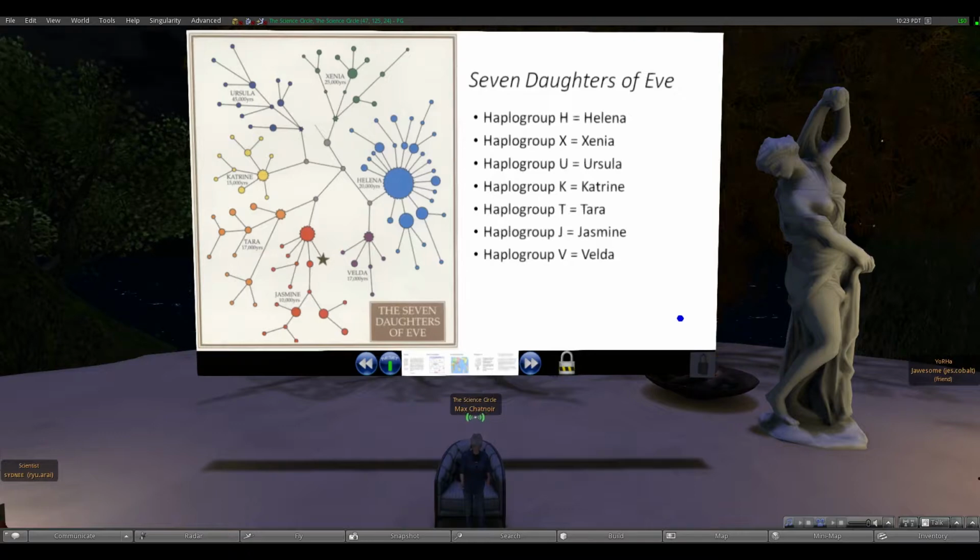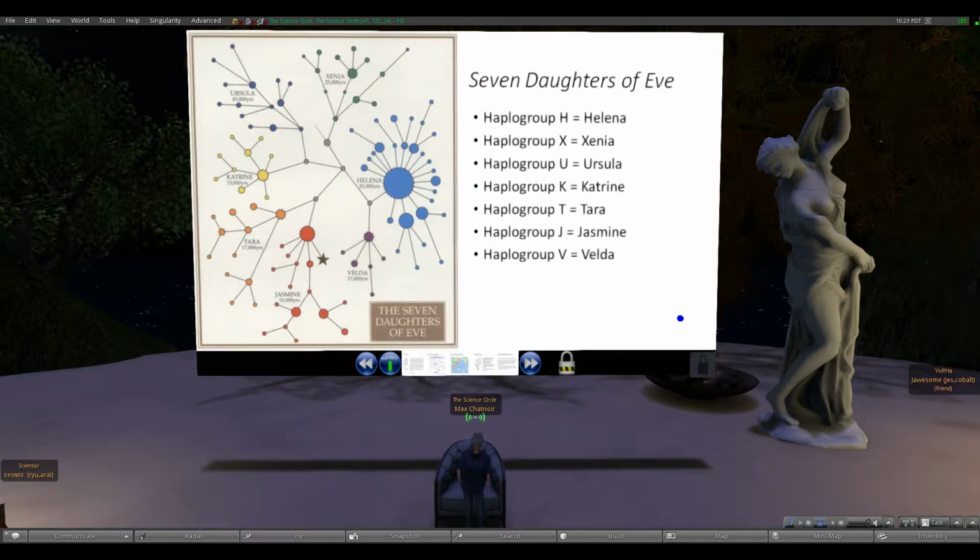And these are those 7 haplogroups: H, X, U, K, T, J, and V. And so the women that were named for those were Helena, Xenia, Ursula, Katrine, Tara, Jasmine, and Velda.